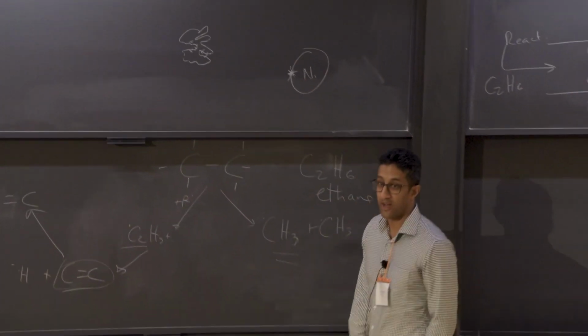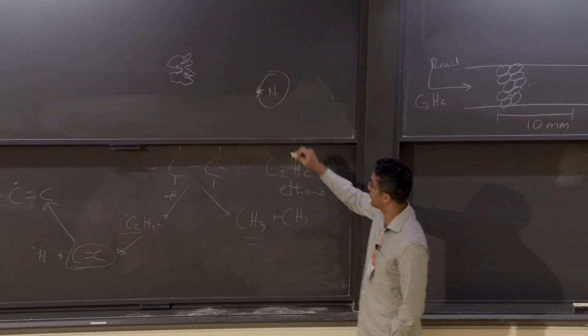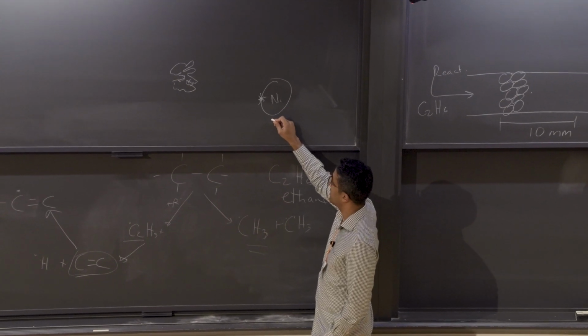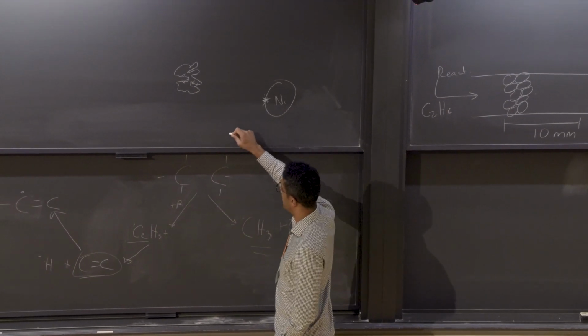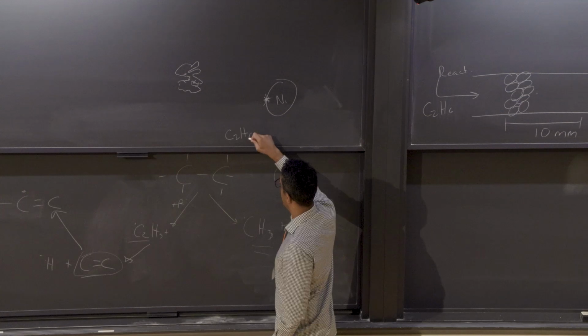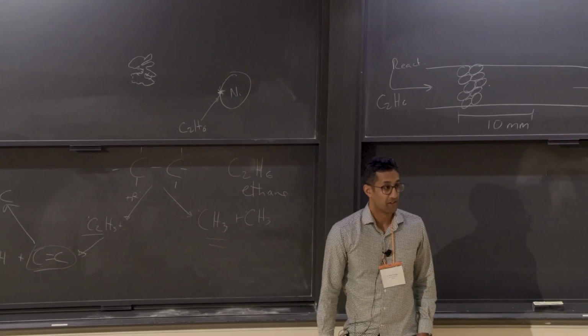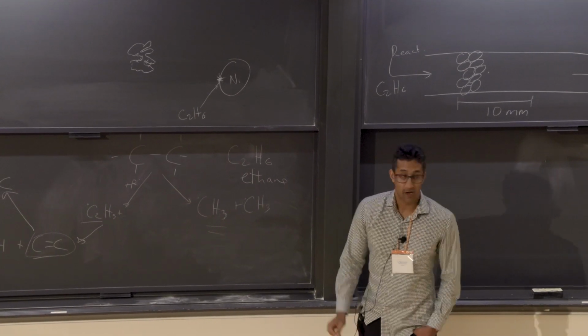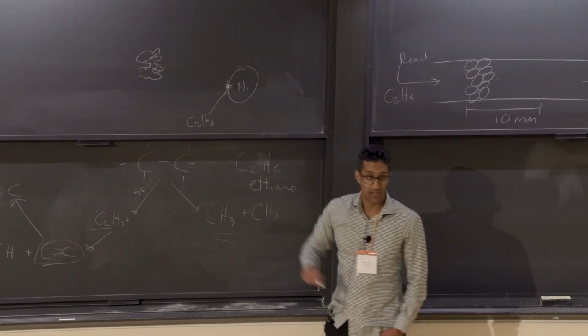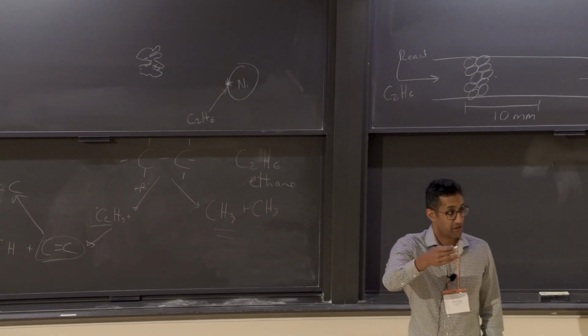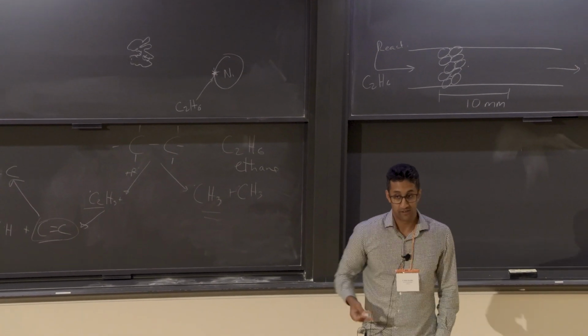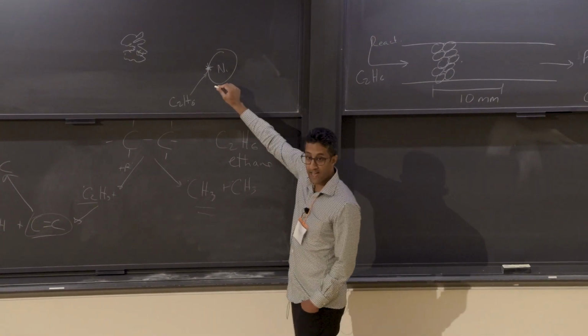So what has to happen in either of these systems? For a molecule to come and react at the surface, let's say the molecule is ethane. First, it has to come near the surface of the catalyst. Okay, that's a boundary layer phenomenon. Around this catalyst is a boundary layer, so the molecule has to come near the surface, then it has to diffuse to the surface of the catalyst.